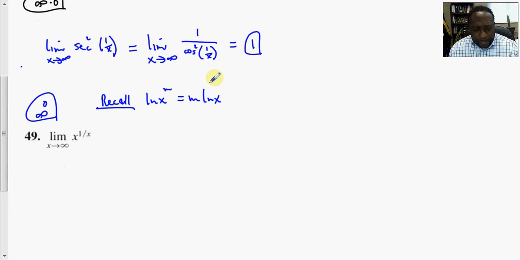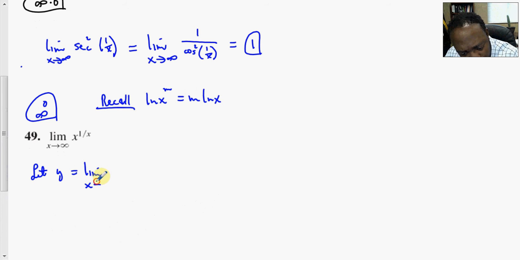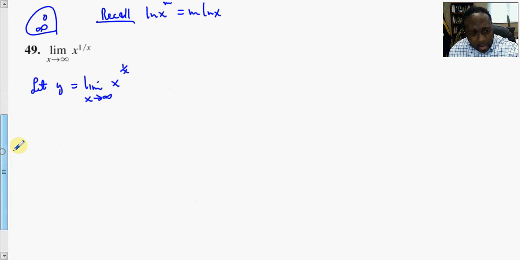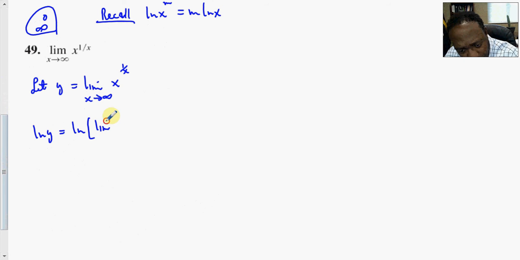So if that be the case, then we say here let y equal the limit as x goes to infinity of x to the 1 over x. Now let's take the natural log of both sides. So the natural log of y is equal to the natural log of the limit as x goes to infinity of x raised to the 1 over x.